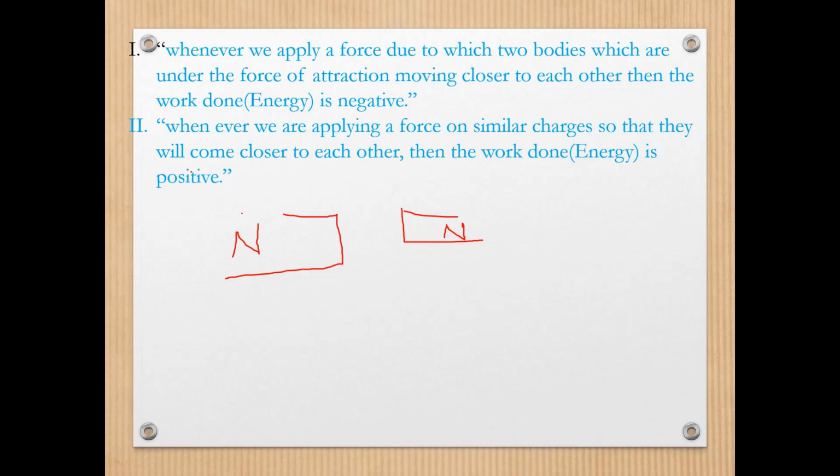As the poles are alike, there is a repulsion force, and if we apply an external force so that they come closer to each other, then these two magnets will come closer, and the energy is positive, otherwise the energy is negative.